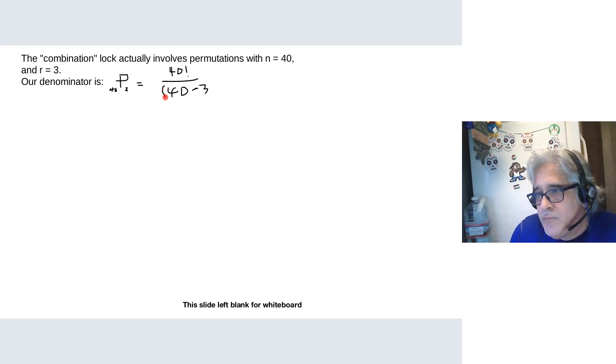And this is why usually these things are real easy to do by hand. There might be some that are not, but since we're just subtracting 3 from 40, it ends up being 37 factorial. So 40.